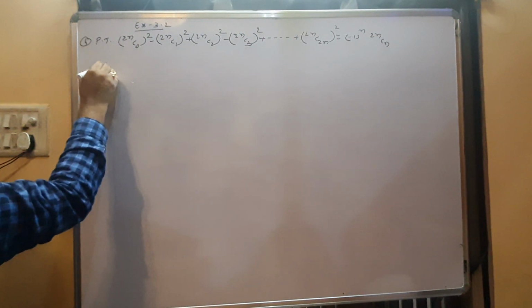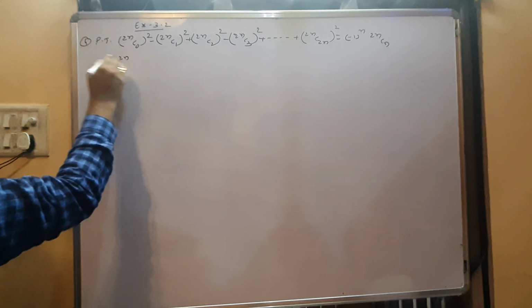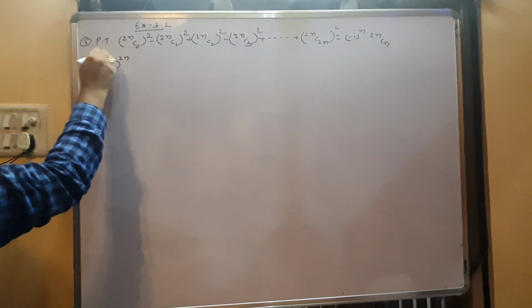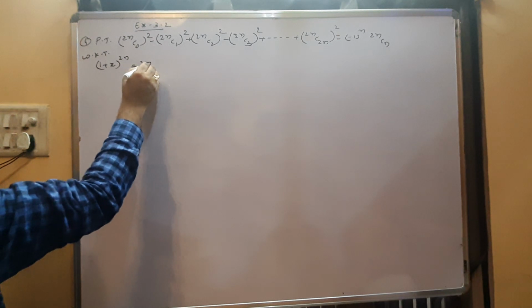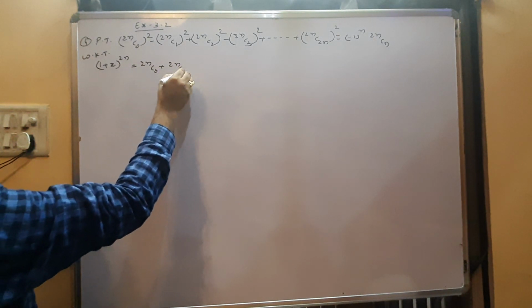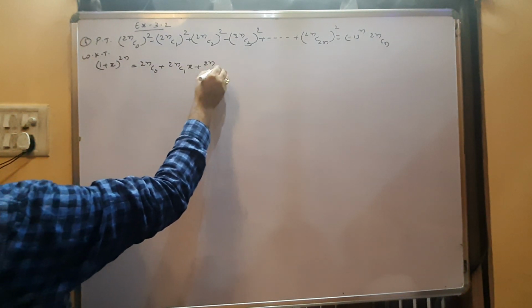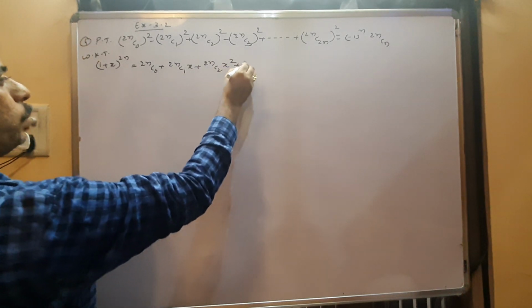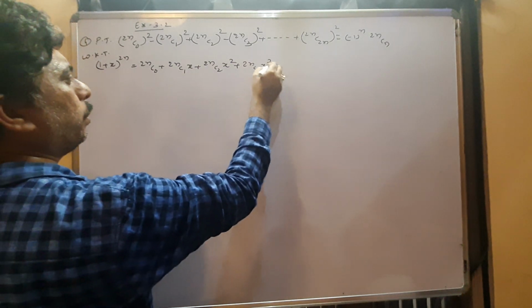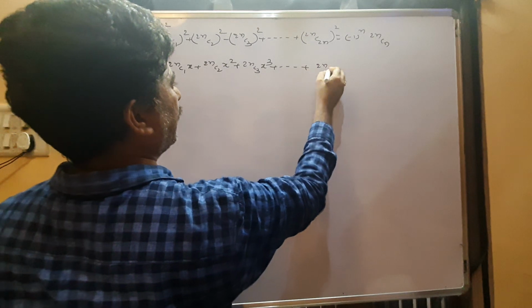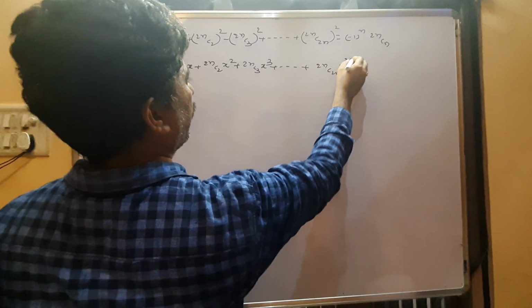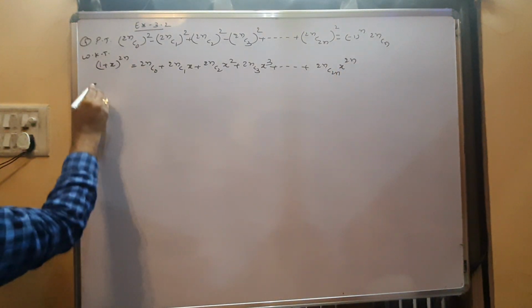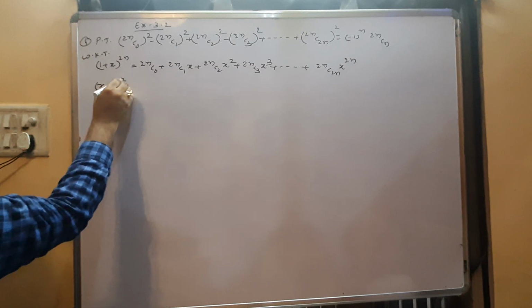We know that 1 plus x whole power 2n is 2n C0 plus 2n C1 x plus 2n C2 x square plus 2n C3 x cube plus and so on, 2n C2n x power 2n. I will consider now x minus 1 whole power 2n.